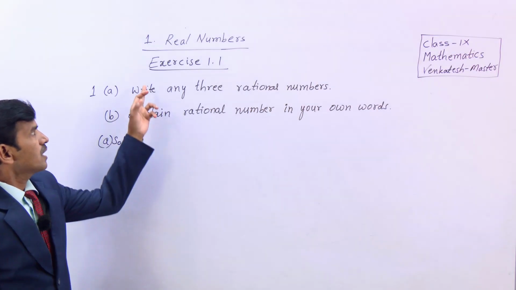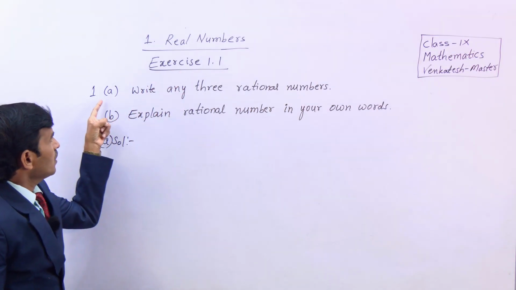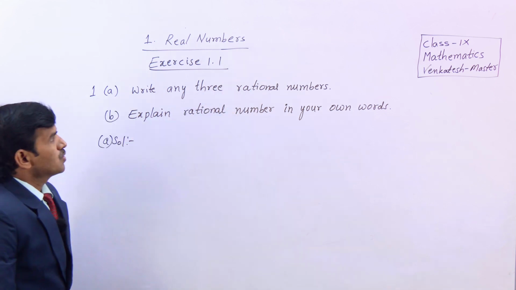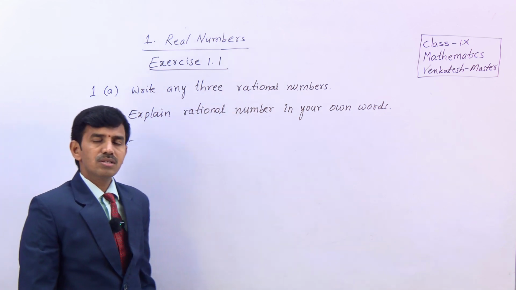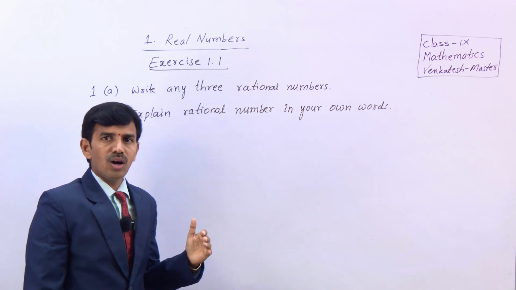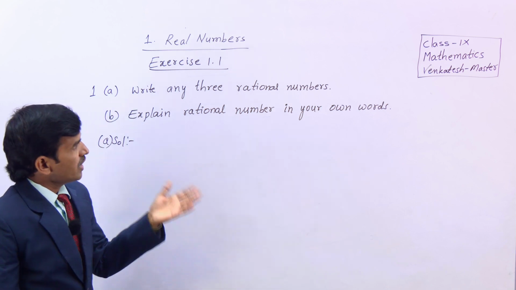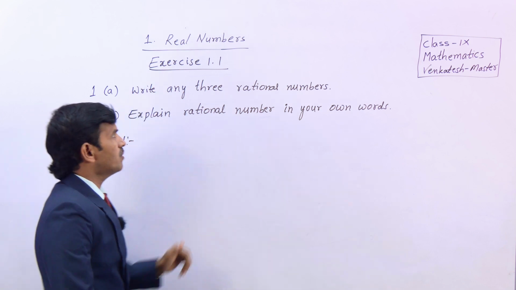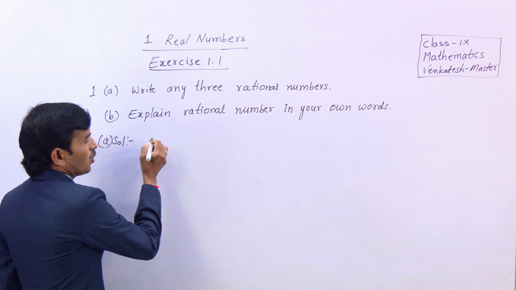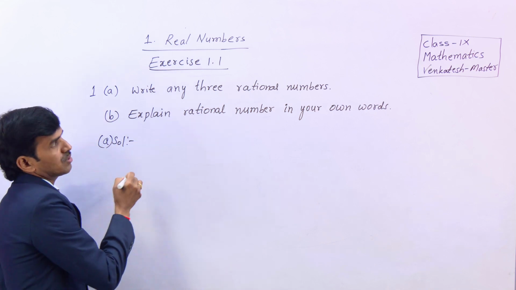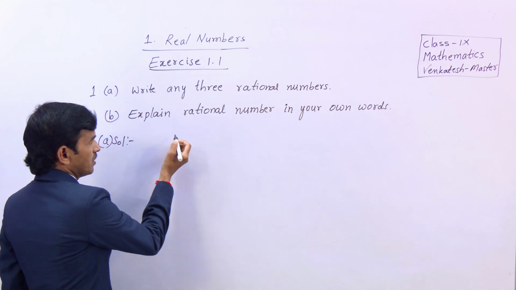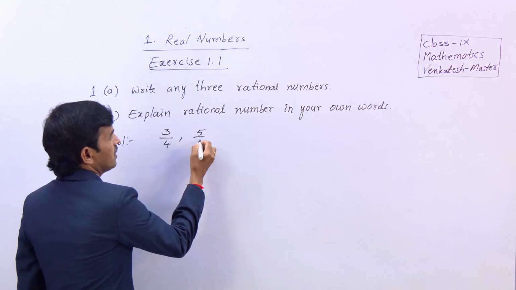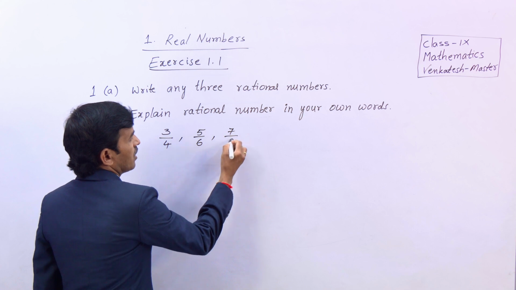So let us consider exercise 1.1, in which the first bit says, write any three rational numbers. As per the definition, rational numbers are generally in the form of what? P by Q. So we can take any two numbers and express them in the form of P by Q, considering integers, like 3 by 4, 5 by 6, 7 by 9.